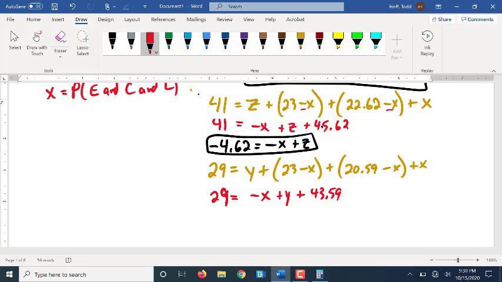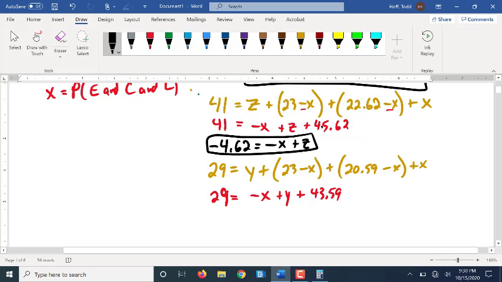So if we subtract that 43.59 from each side, we have a negative 14.59 equals negative X plus Y. There's another equation in our system of equations.